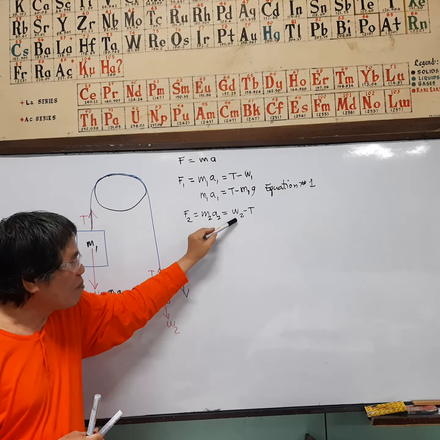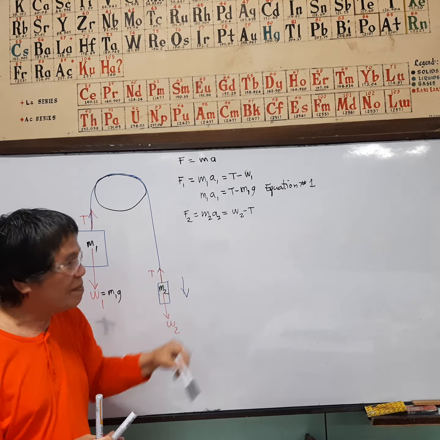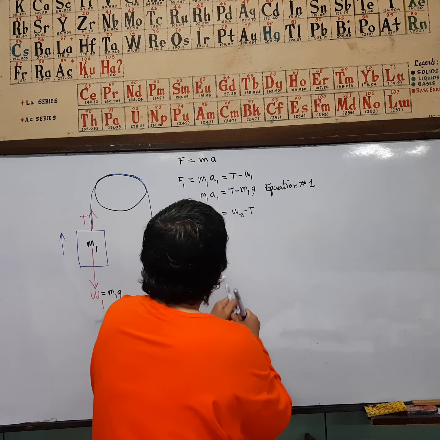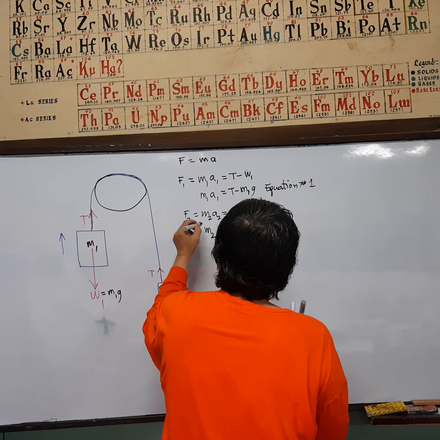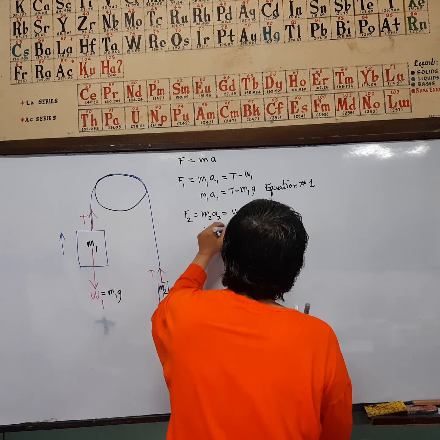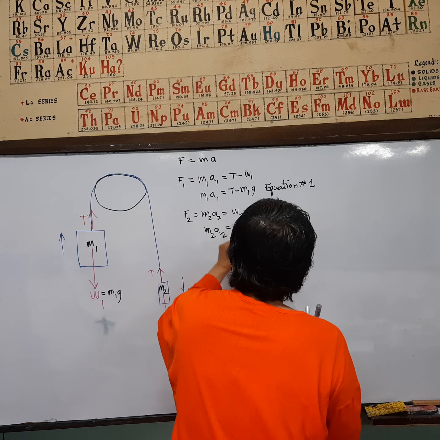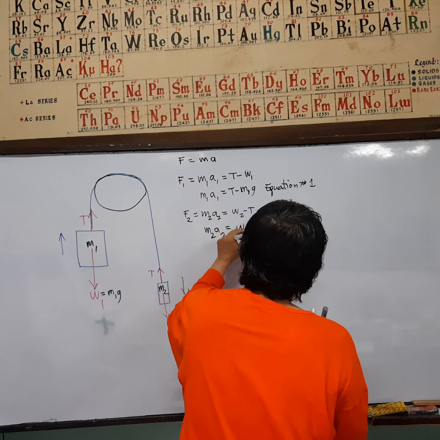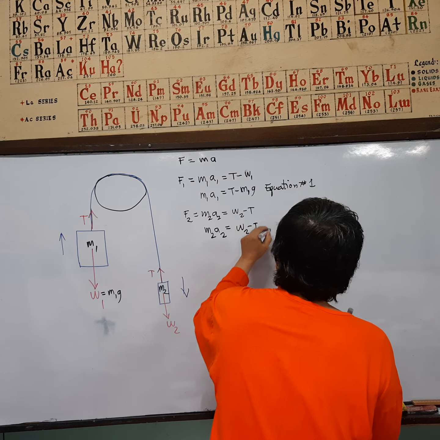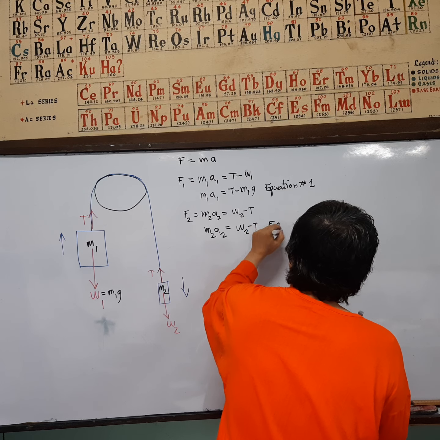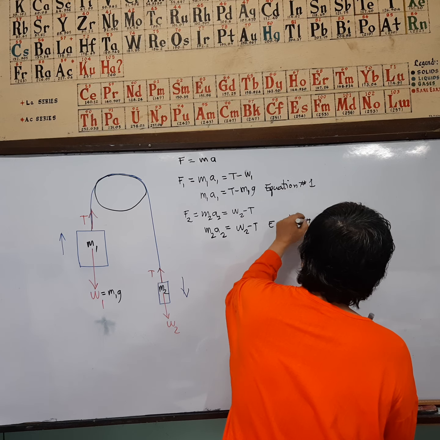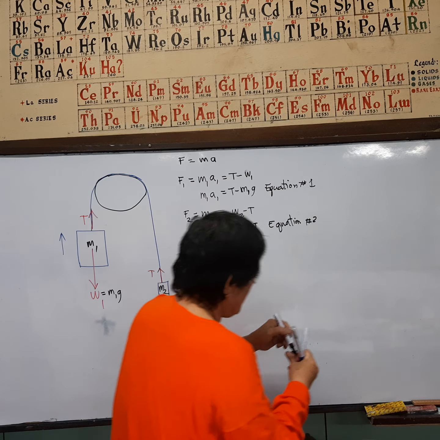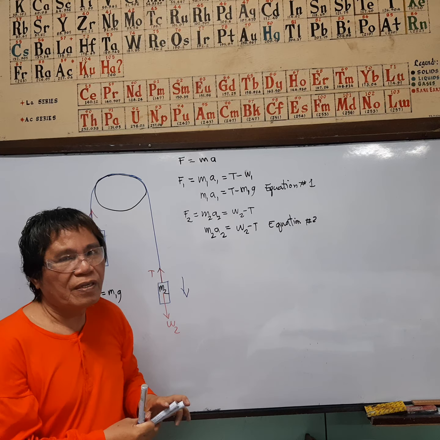That's why W2 minus the tension. And so, you have here M2 A2 equals W2 minus tension. This is equation number 2.